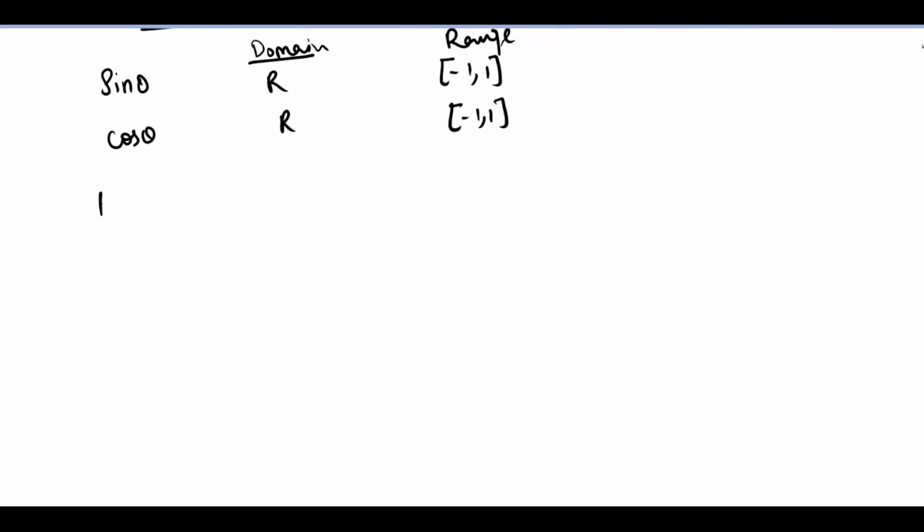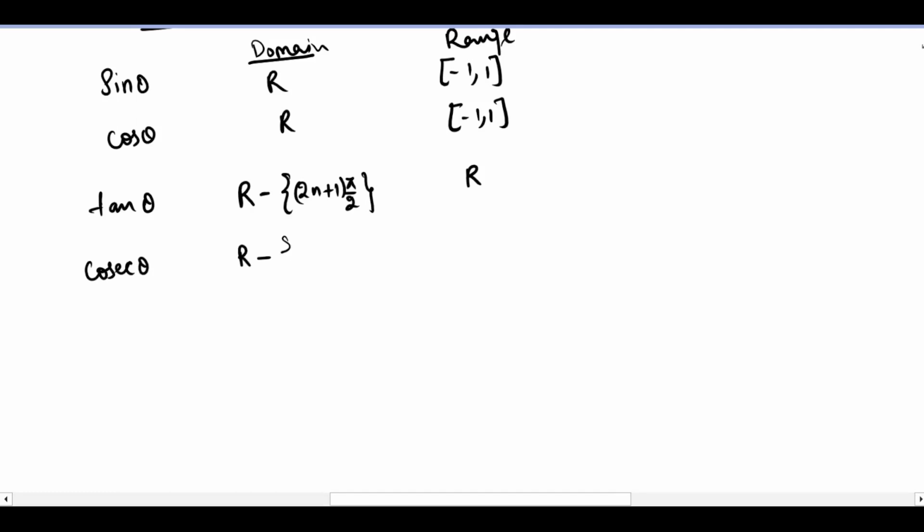Tan theta: the domain is R minus (2n plus 1) pi by 2 and the range is real numbers. Cosec theta: the domain is real numbers minus n pi and the range is real numbers.